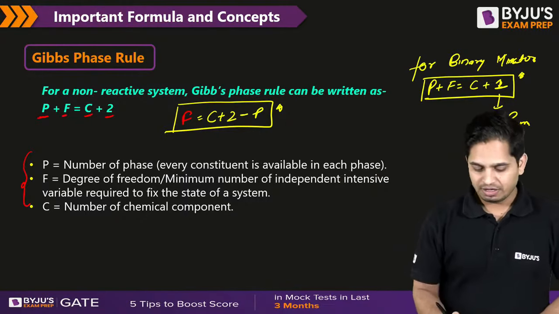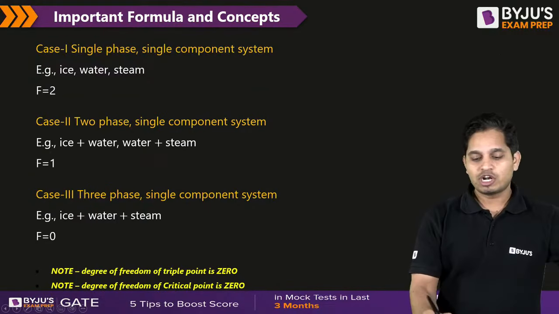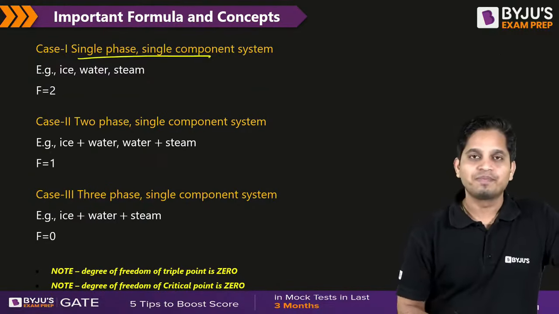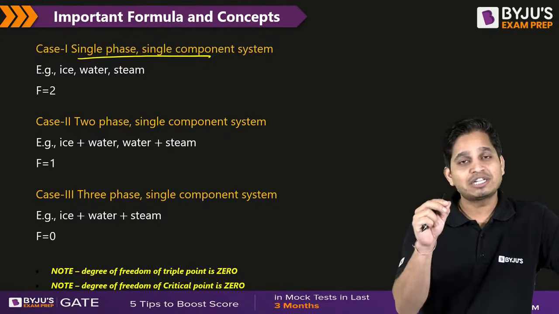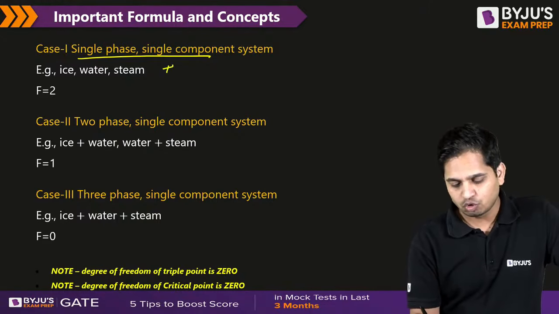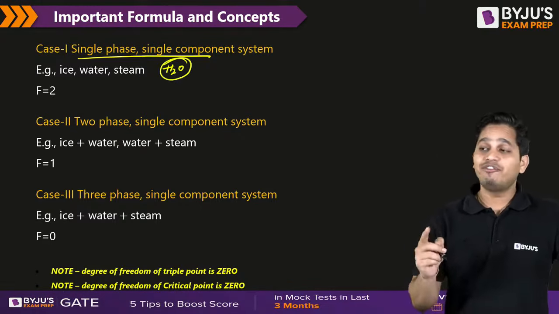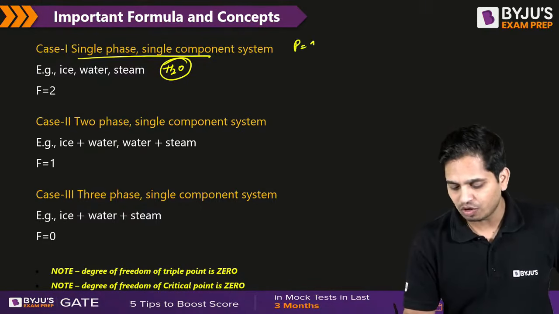Okay, chalo. So by using Gibbs phase rule for a single phase, single component system, for example, ice, water, steam, single phase is there, solid, liquid or gas, and single component. Component is what? H2O. So if I apply this, single phase means P equals 1.